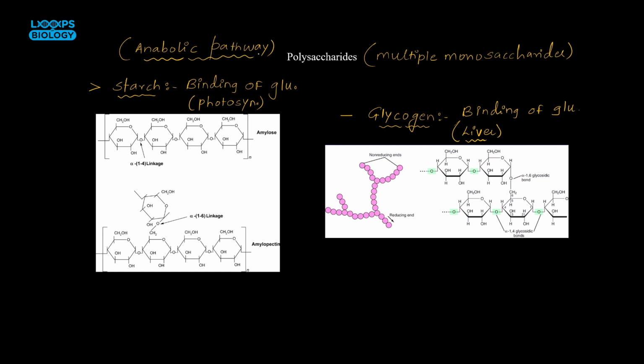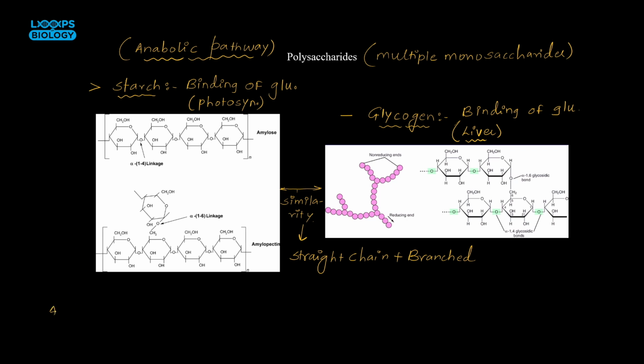Starch and glycogen are basically similar in their structure, so there has to be some similarity. They both have a straight chain structure as well as branches. But in the straight chain, the repeating units differ in starch and glycogen. What do I mean by repeating units?